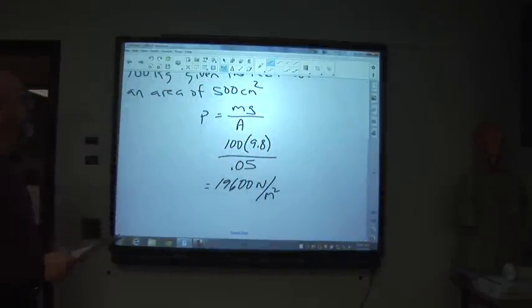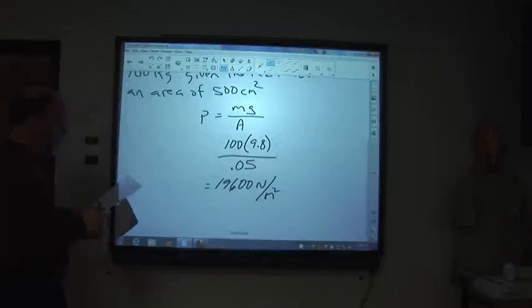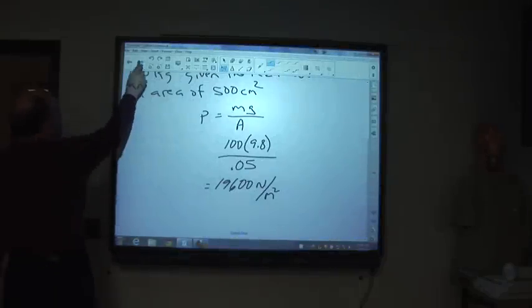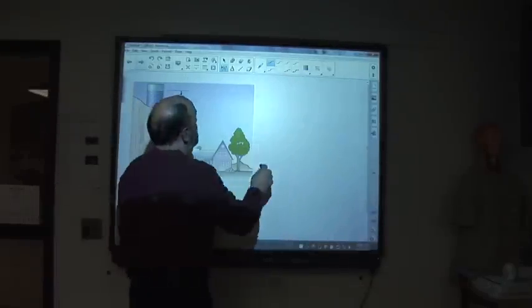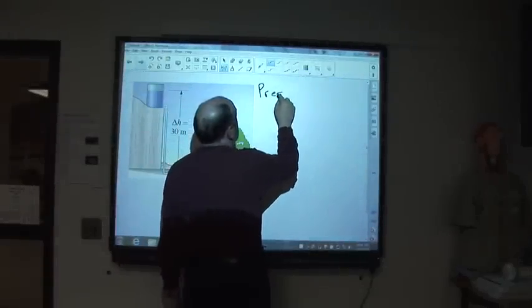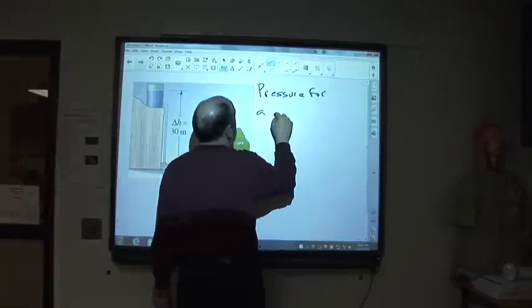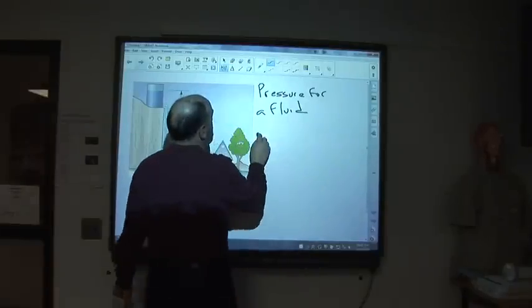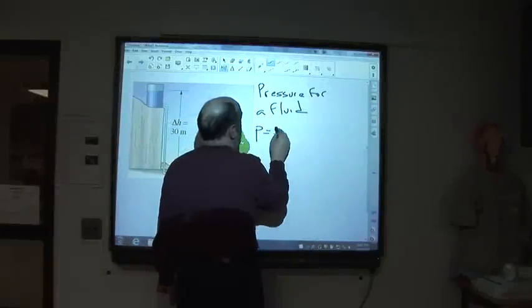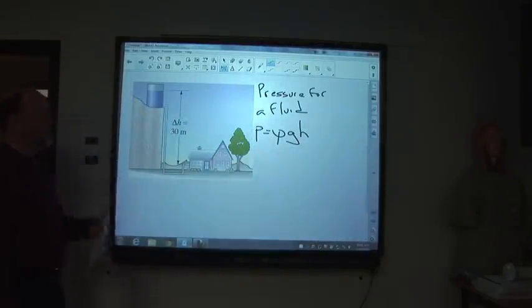Pressure in terms of a fluid, however, is given by the density times g times h.